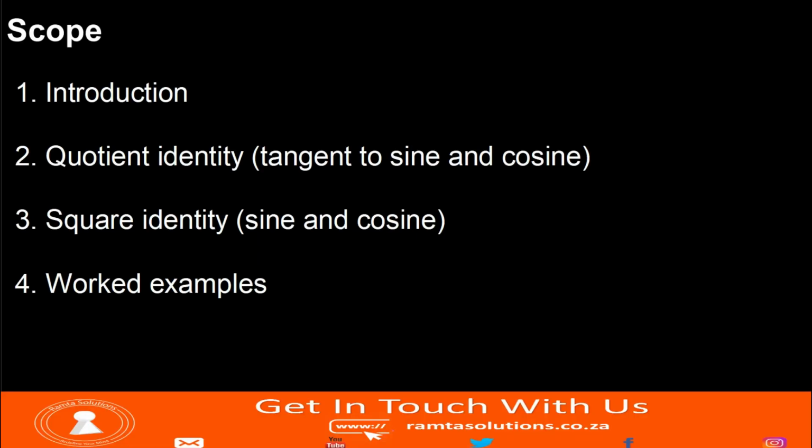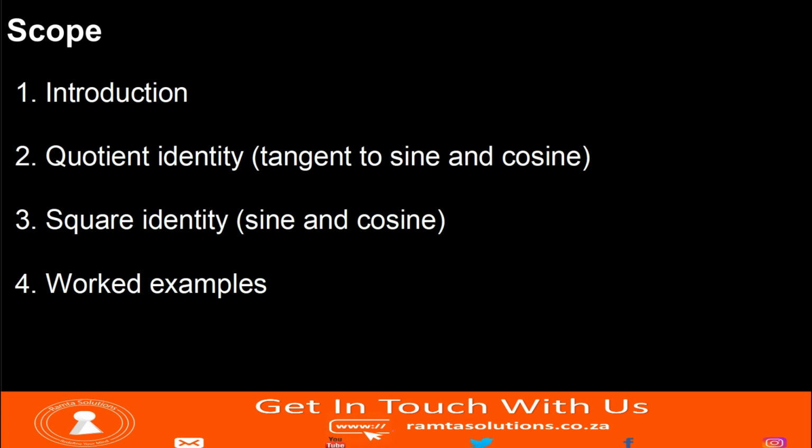Today we are looking at identities. In this video, we are going to give you a scope of what identities are, even though it's not really much of a big deal. Then we're going to give you the quotient identity, which uses tangent relating to sine and cosine.